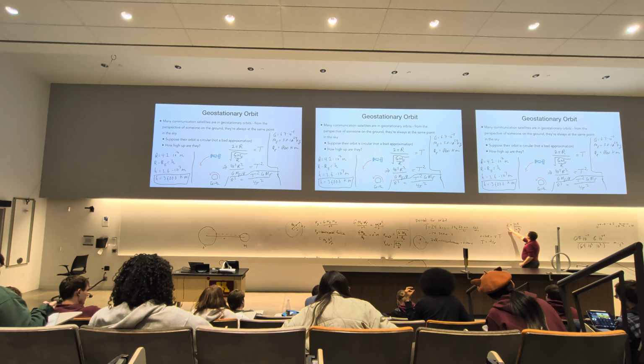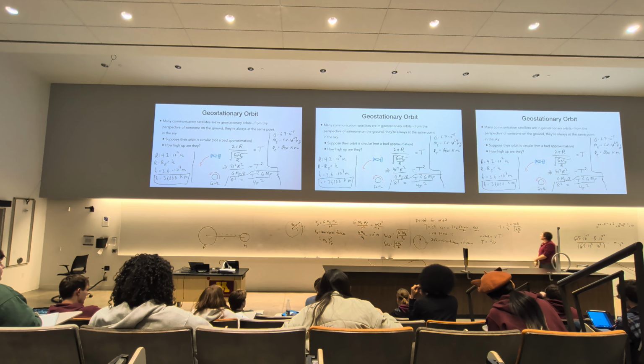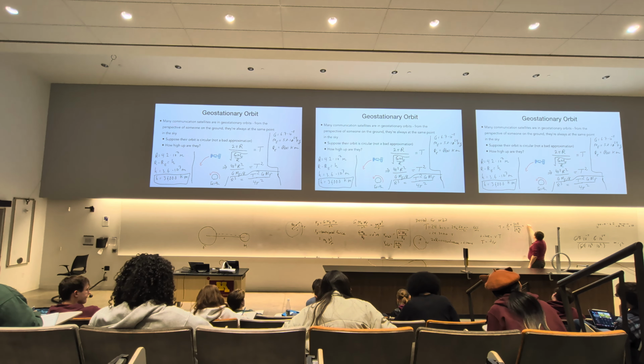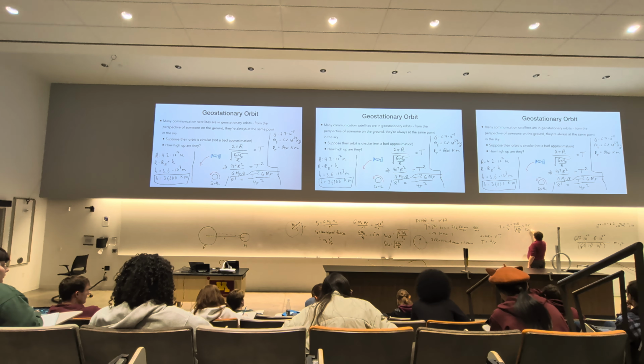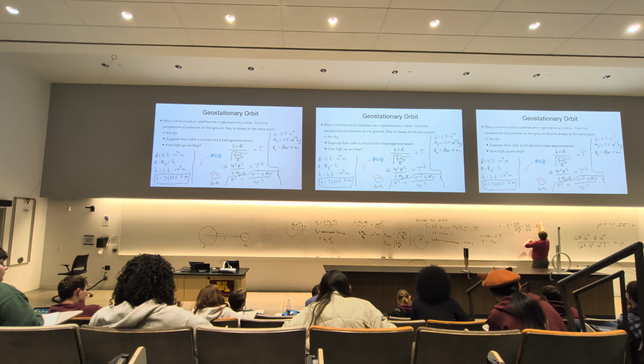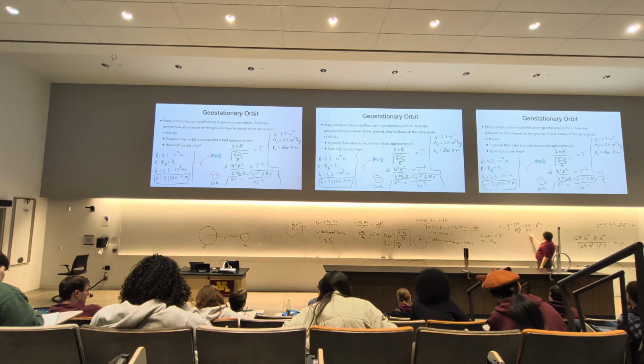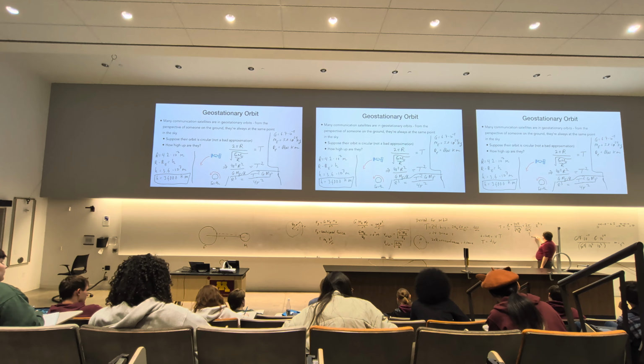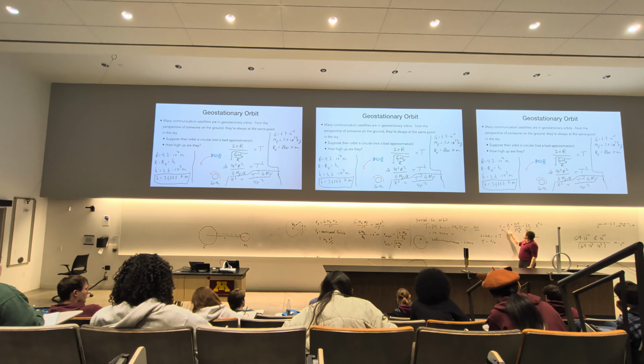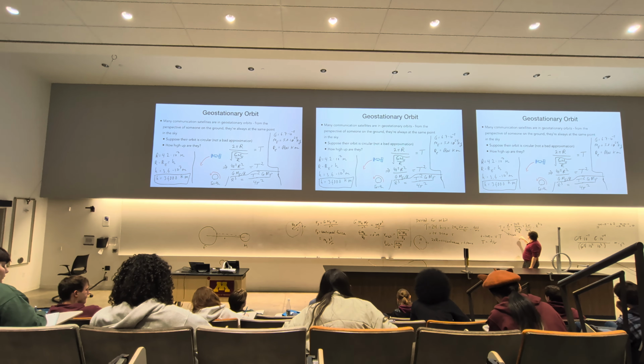Sorry, I miswrote this equation. So now we get 2 pi divided by this funny number, square root of G M_E, times r to the 3 halves. So we know this, so we can get r.